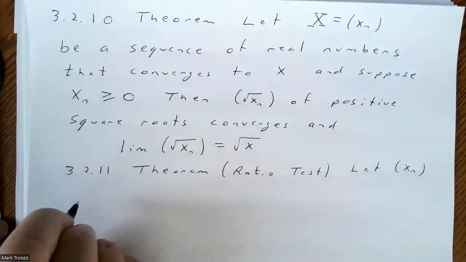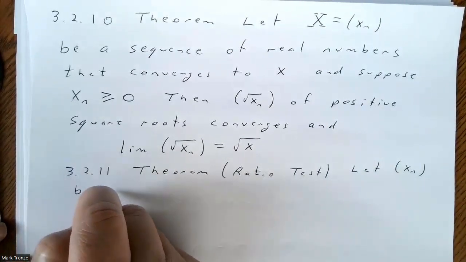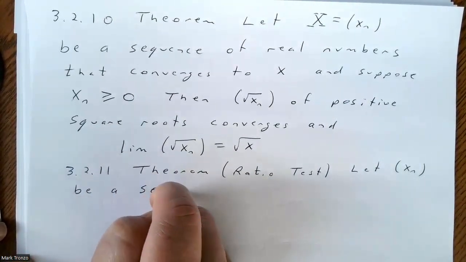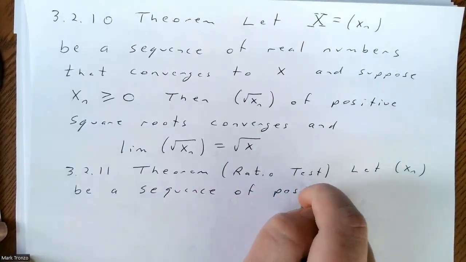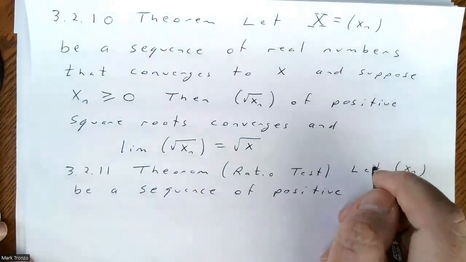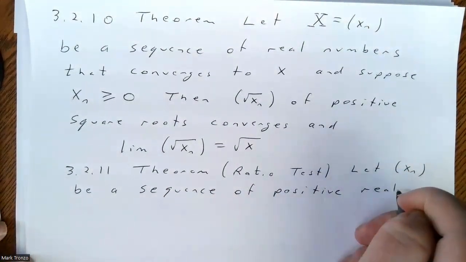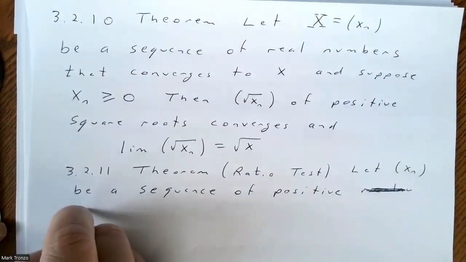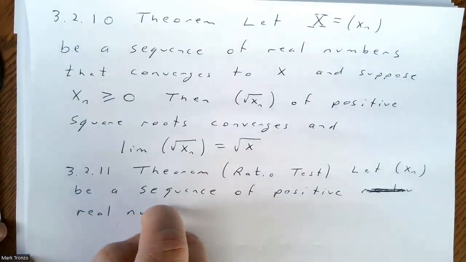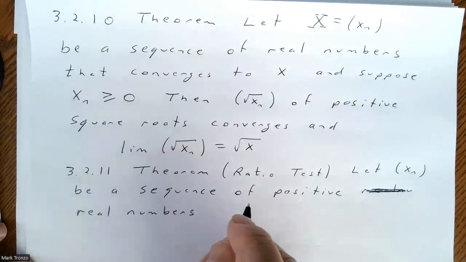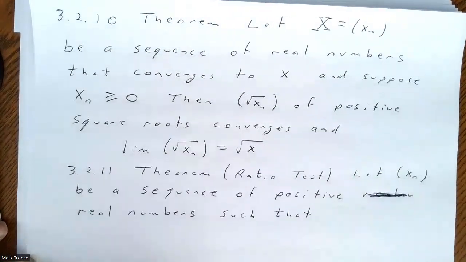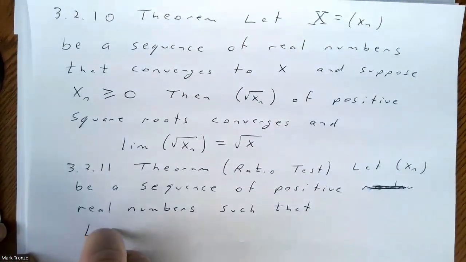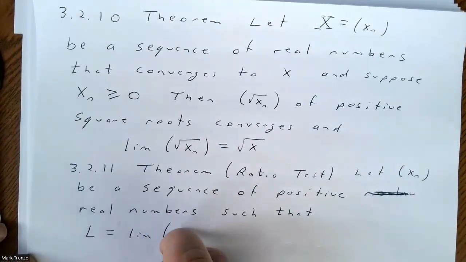Let Xn be a sequence of positive real numbers such that L is the limit of the ratio X(n+1)/Xn.